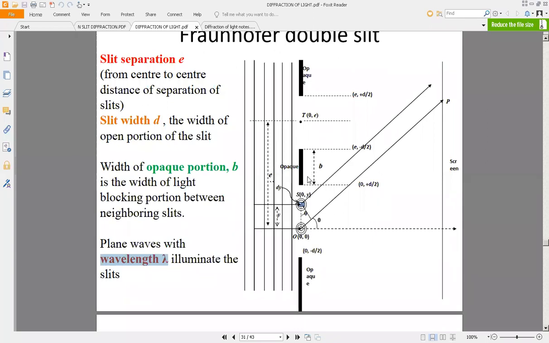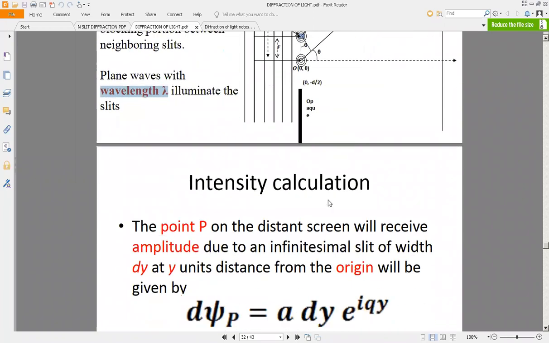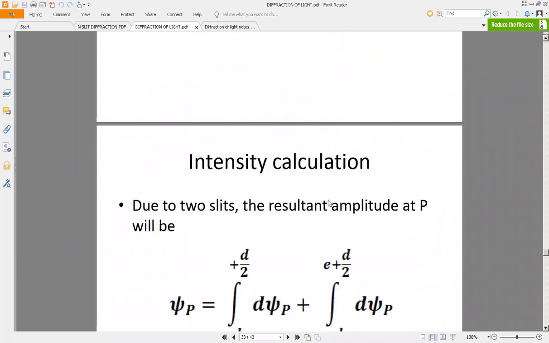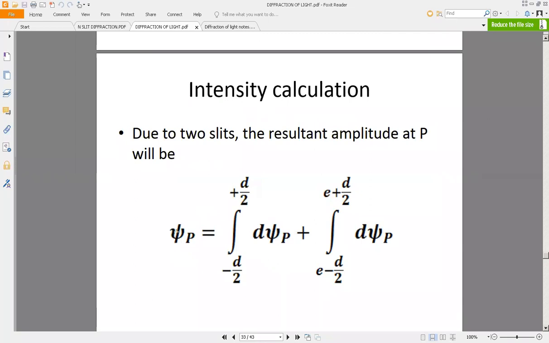Now in this case, I will do the integration once again, not just from here to here, but I will also do the integration from this point to this point. So two integrals I am going to add in order to get the resultant intensity on the screen, right? So here, this is the resultant: the psi p is going to be the contribution of d psi p from the first slit plus the contribution of d psi p from the second slit.